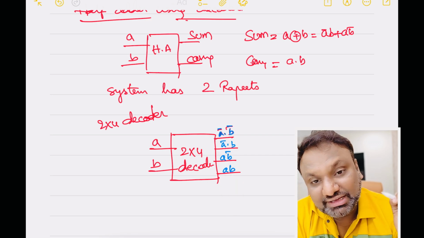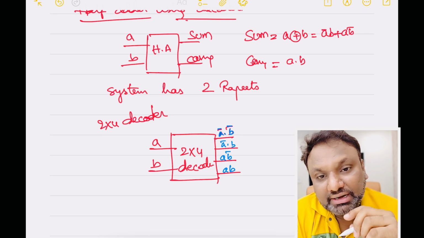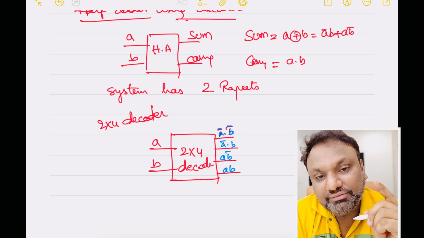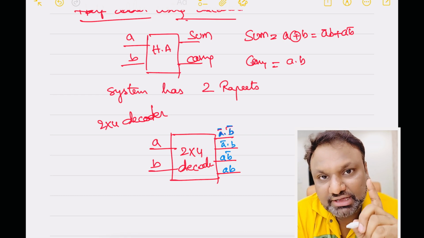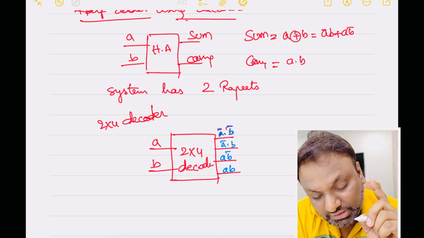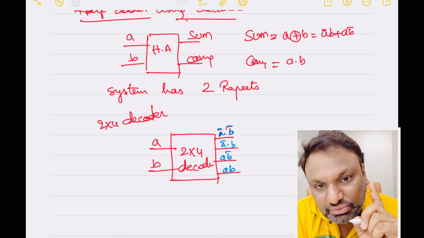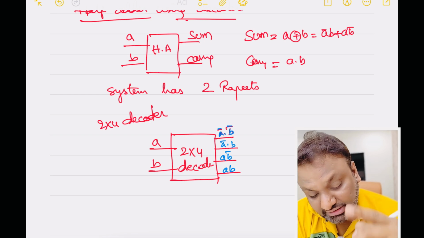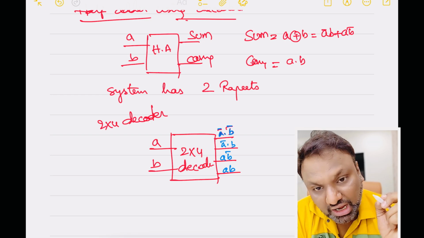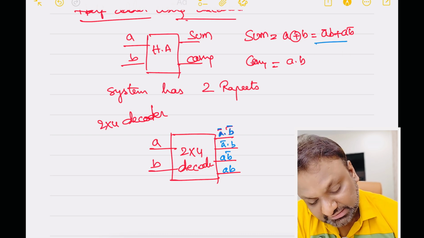Now the beauty of decoder is that in multiplexer, for each and every output we used one multiplexer, because our multiplexer has only one output. But in decoder, though my system has two outputs, sum and carry, we will be using only one decoder to implement this particular half adder. So what is my sum? A bar B plus A B bar.